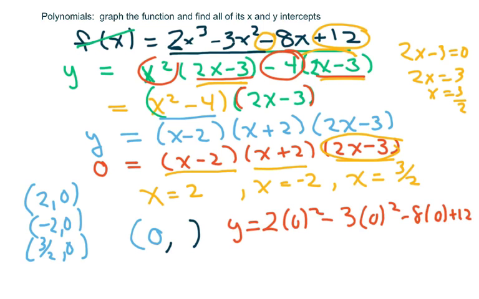This would equal your y. This cancels out, this cancels out, this cancels out. So your y-intercept is 12. And basically all you had to do was just pull it out right here.